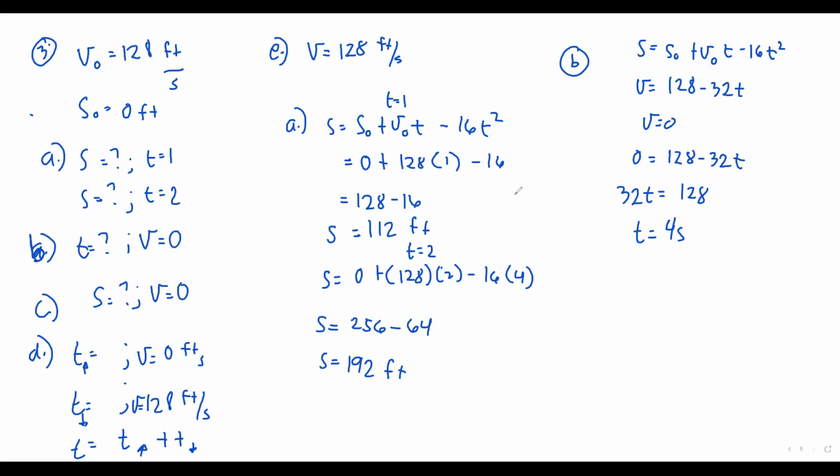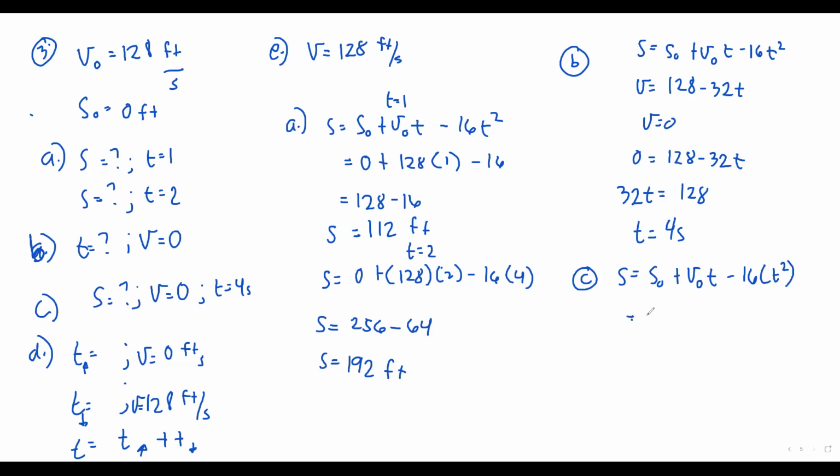Okay? So, we can technically solve S by using this. Dahil yung B natin is with respect to initial, final velocity as 0. So, technically, T is equals to 4 seconds. So, S is equals to SO plus VOT minus 16T squared.